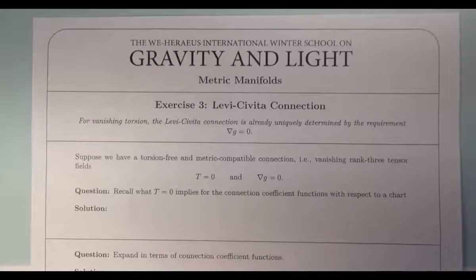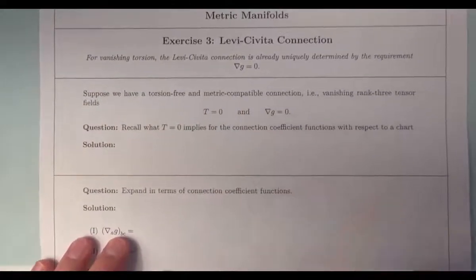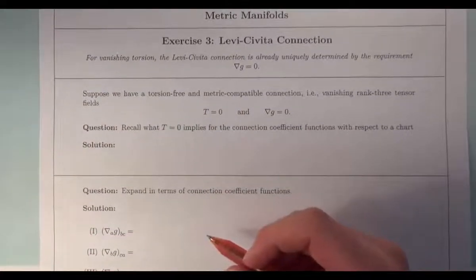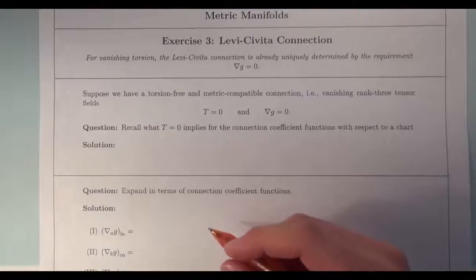We continue with exercise 3, Levi-Civita connection. For vanishing torsion tensor, the Levi-Civita connection is already uniquely determined by the requirement nabla of g equals 0. Let's start. Suppose we have a torsion-free and metric compatible connection.